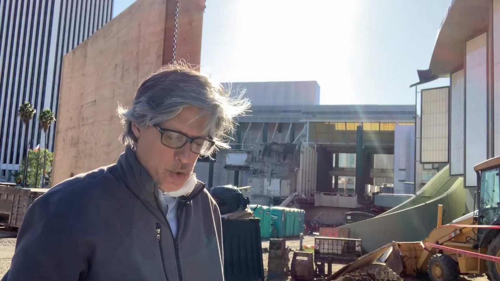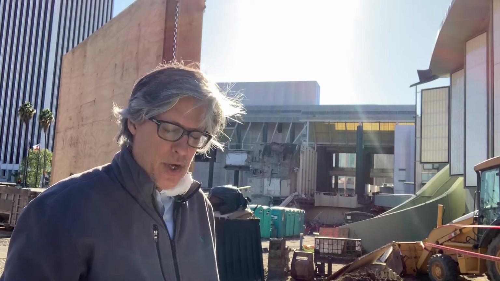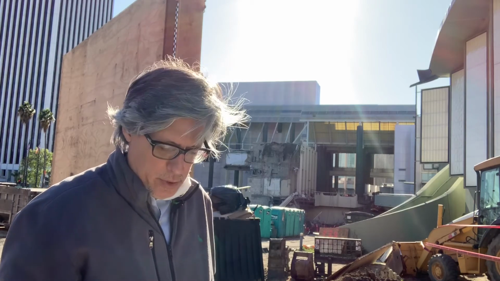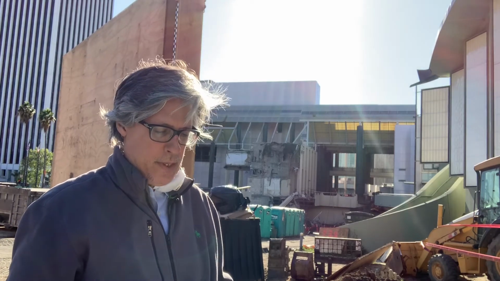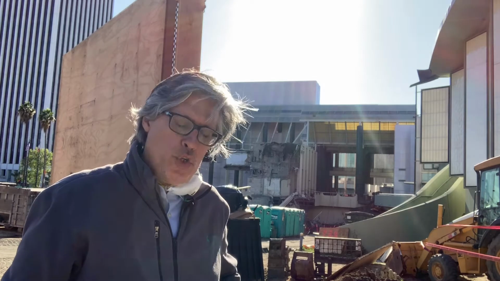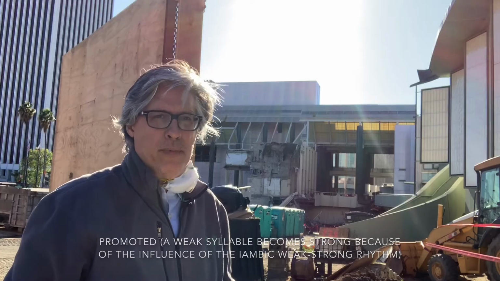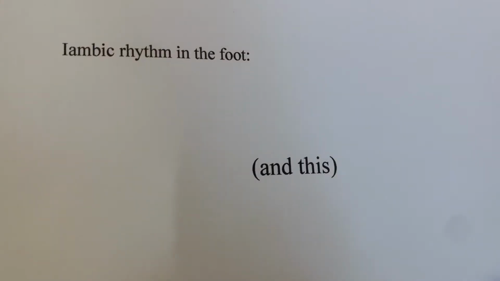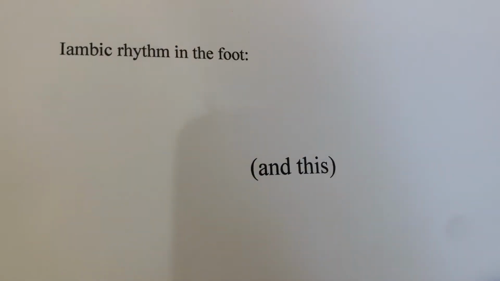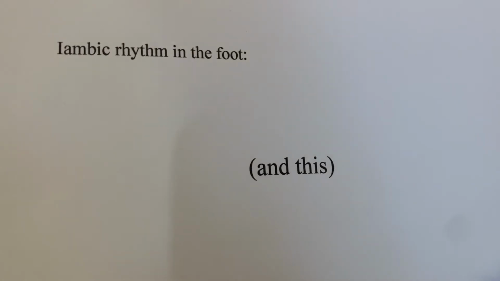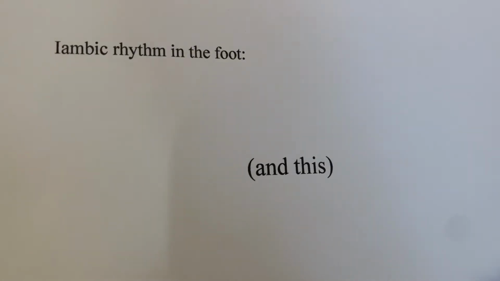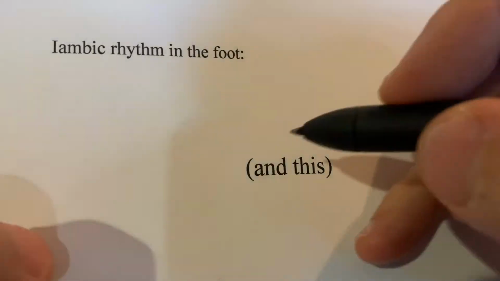Sometimes we find a situation where 2 weak syllables are placed in the same foot, or 2 strong syllables are placed in the same foot. When there are 2 weaks, one of them has to be promoted. Although and this on their own are each weak, once they are put into the foot, the iambic rhythm takes over.